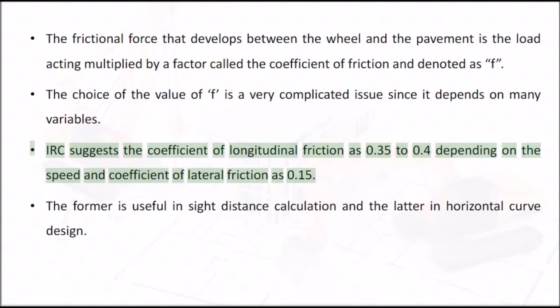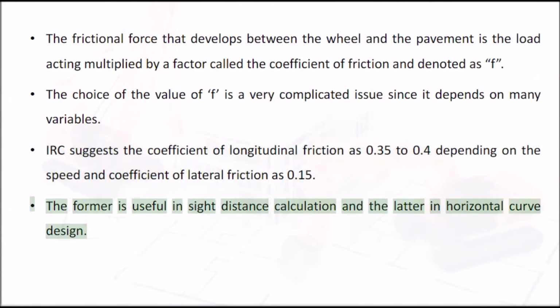IRC suggests the coefficient of longitudinal friction as 0.35 to 0.4 depending on the speed, and the coefficient of lateral friction as 0.15. The former is useful in sight distance calculation and the latter in horizontal curve design.